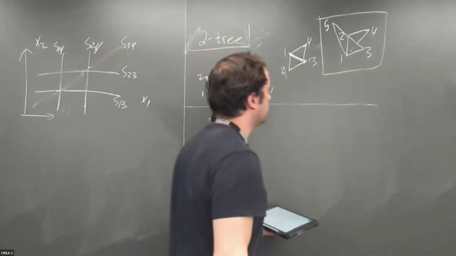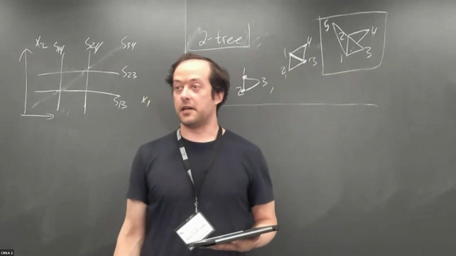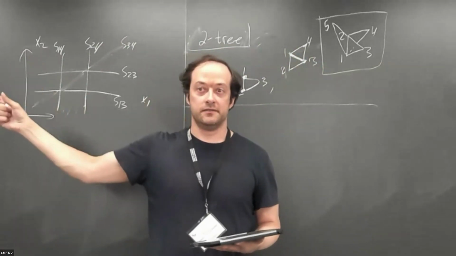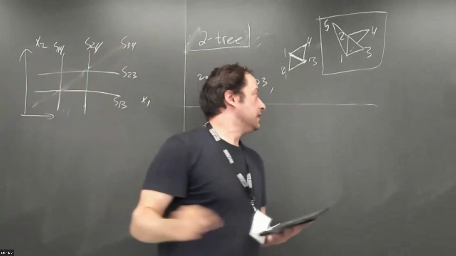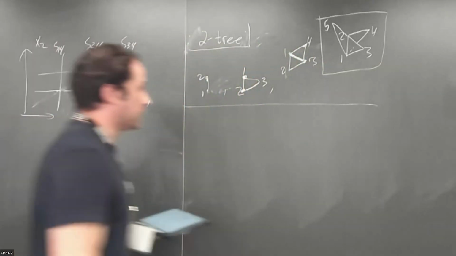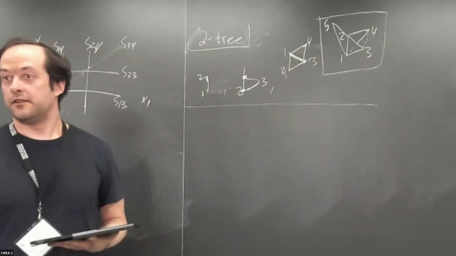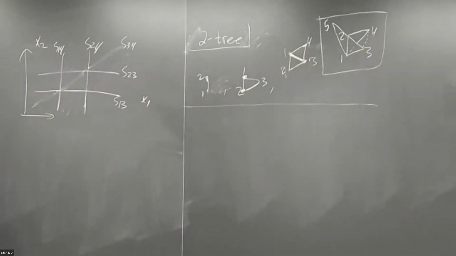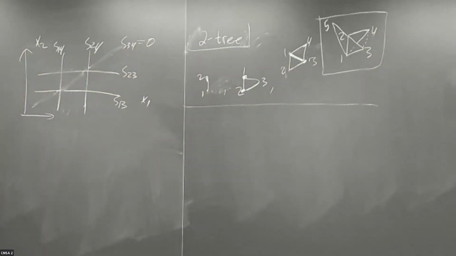Remember our subset T is a subset of 1 through n minus 1, excluding the index set 1, 2. Then we set to 0 everything that is not in T. Here we see that 3, 4 is not in T, and S34 is exactly the guy that we're setting to 0 in the arrangement.